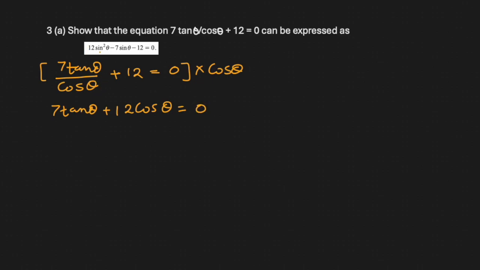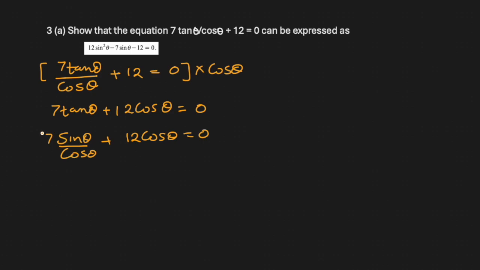Now we can see that there is no tan here. That means this tan must go, and we should be in terms of sine and cos again. So we can write tan theta as sine theta over cos theta: 7 sine theta over cos theta plus 12 cos theta equal to 0.